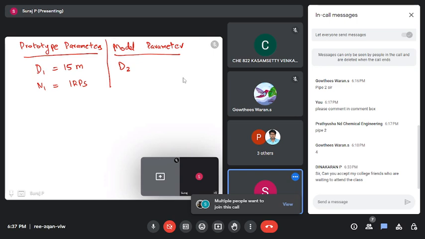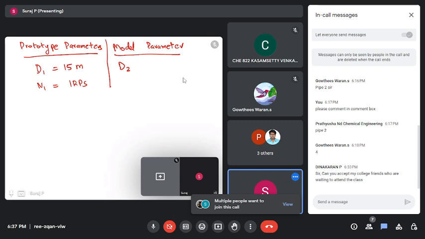So now we need to find the frequency or the RPM of the model. We can use any of these three equations, either Reynolds number, Froude number, or friction factor. We should use it depending on which parameter we need to calculate.